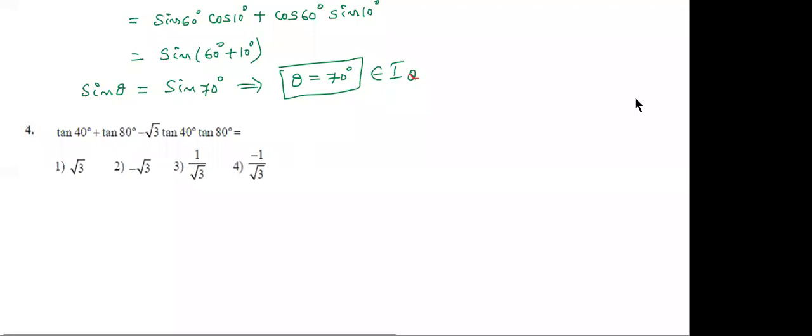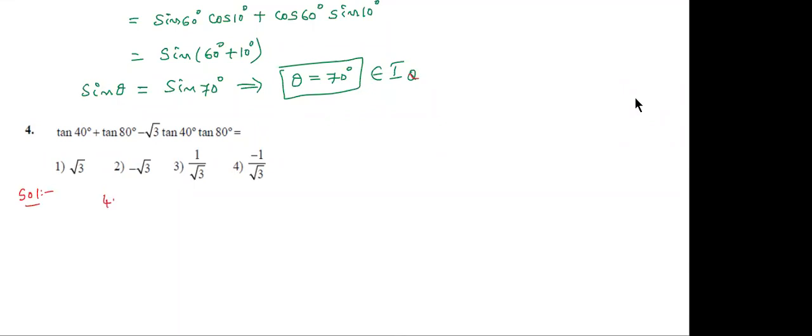Fourth question: tan 40 degrees plus tan 80 degrees minus root 3 into tan 40 tan 80. Here all terms are tan only. But see the angles. One angle is 40, another is 80.